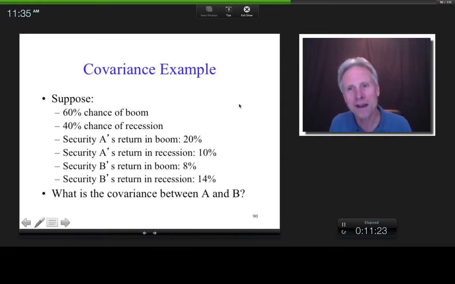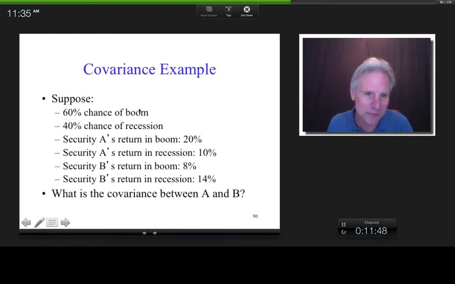Well, we're going to try to find out, if we have total portfolio risk, how much is any single security contributing to that risk? So how much risk is, say, IBM contributing to a portfolio? And if that portfolio is well diversified, then that would be IBM's what? Non-diversifiable risk. But for now, we'll just go through how to calculate covariance.